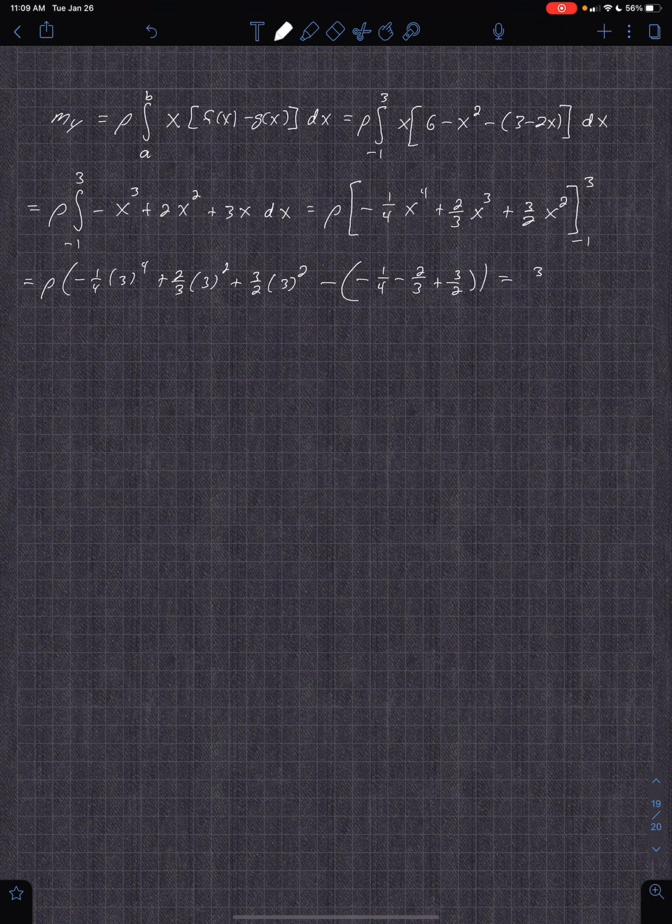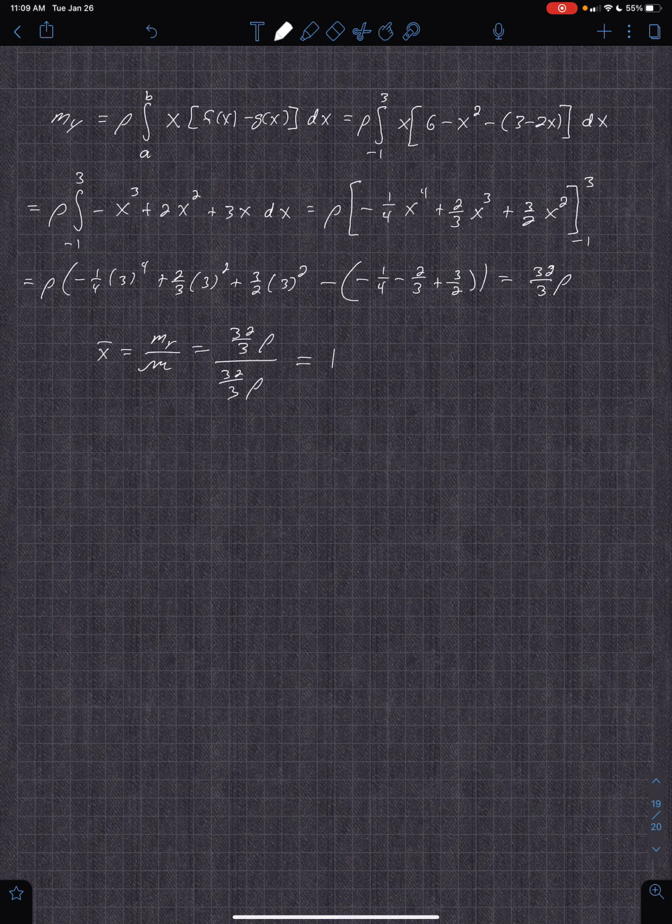And you work that out and you get 32/3 rho. So x bar is moment, and this is always confusing, but it's moment about the y over mass, which is 32/3 rho over, and it ends up being the same thing for some weird reason.